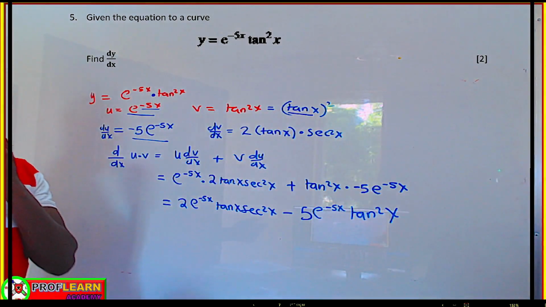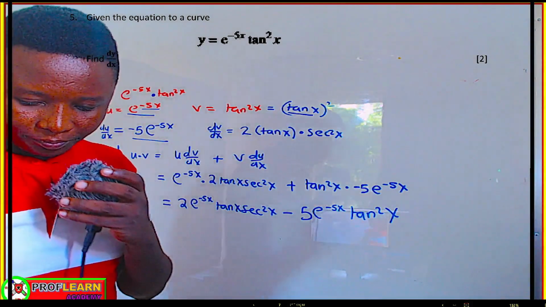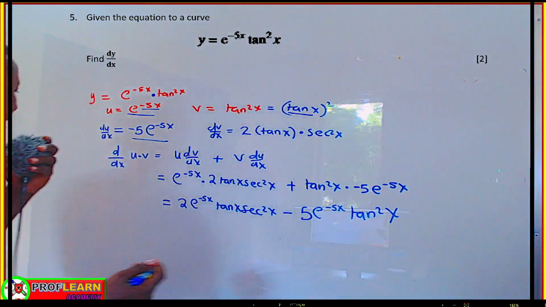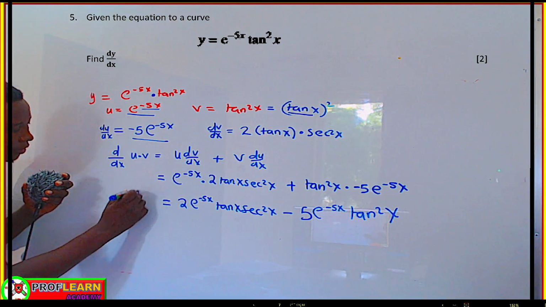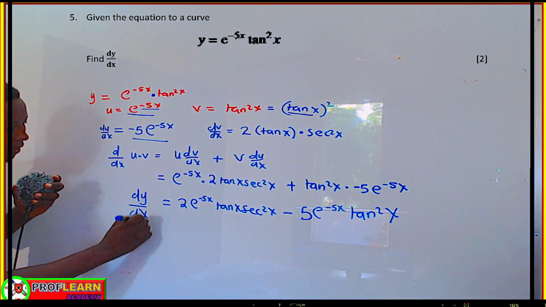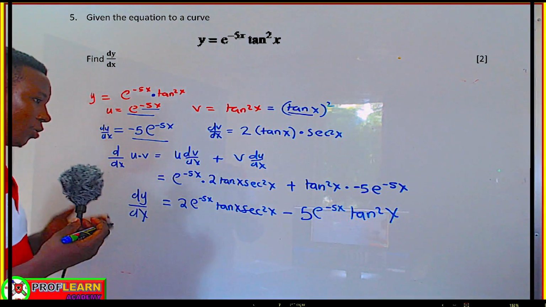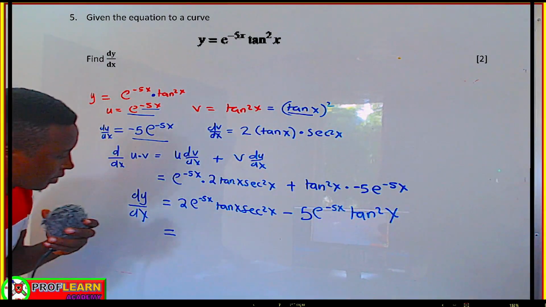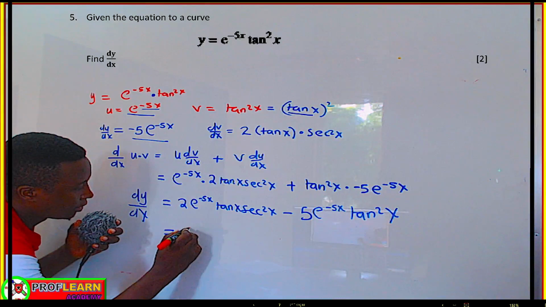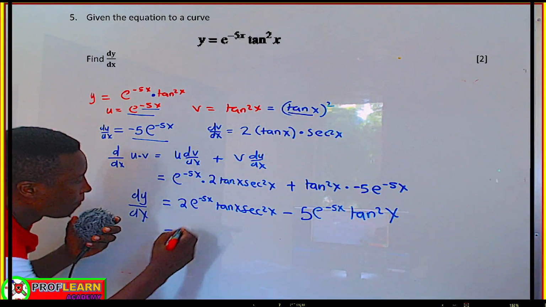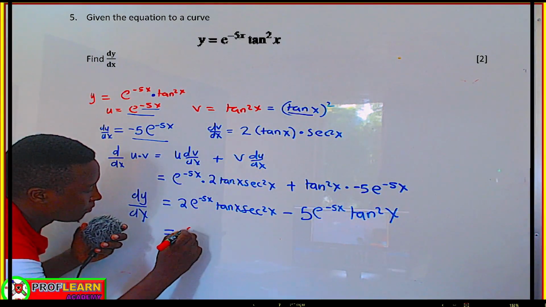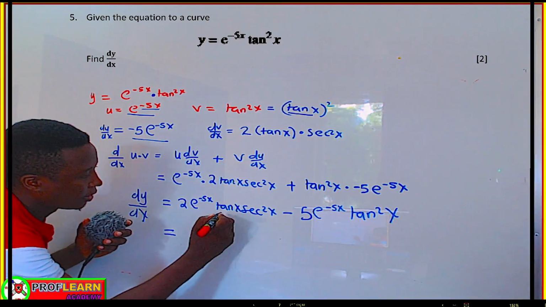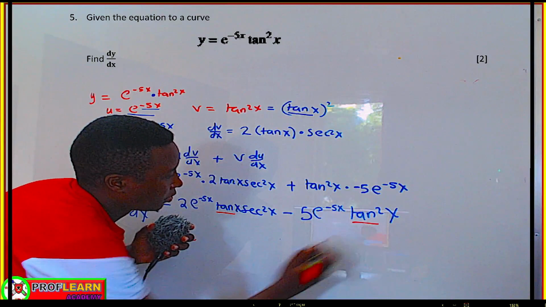Because in this question we were just supposed to differentiate and get the derivative dy/dx, this is our final dy/dx. Maybe if we are supposed to factorize things out to make the examiner happy, we can say this can be written as, okay, we can see there's tan x, there's also tan x here.